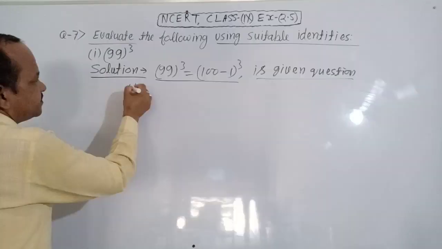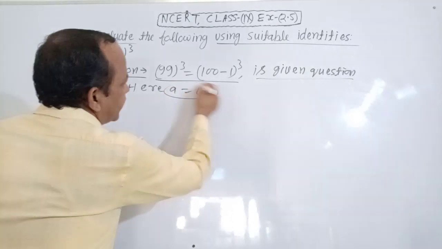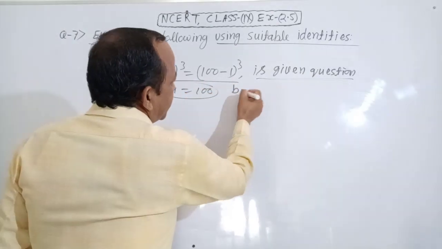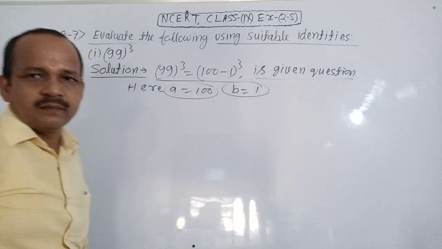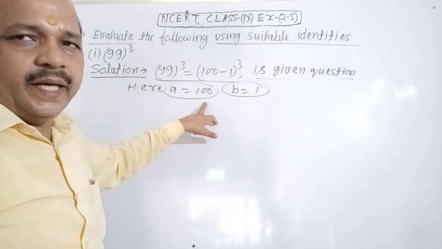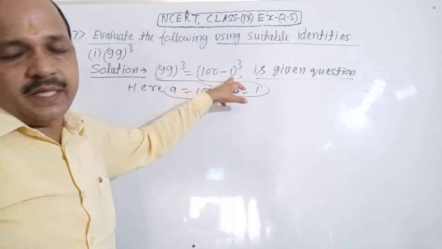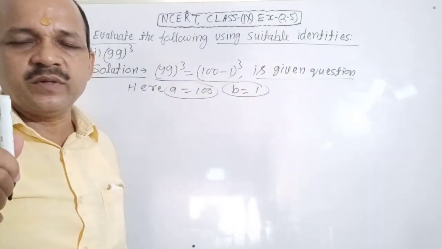Here a equals 100, b equals 1. It is a and it is b. It is clear, no confusion about it.